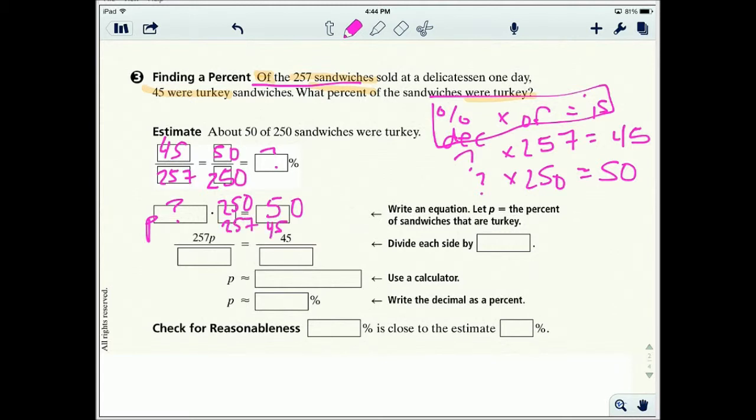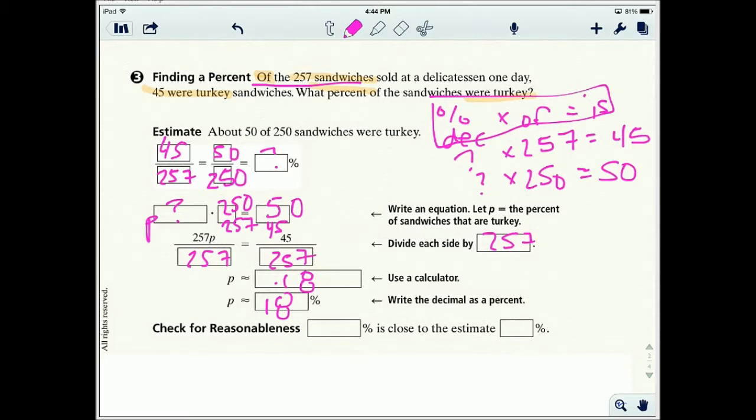If I divide both sides by 257, I'm going to get my answer. So I do 45 divided by 257. That would give me about 0.18. And if I round that, that's about 18%.